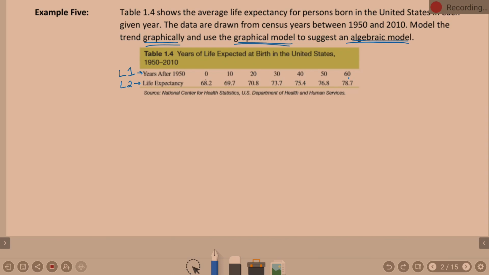Okay, here, guys, keep in mind these points. The years after 1950 are exact. Life expectancy is not going to travel at an exact rate, but is it following the general trend of a line? You guys remember working with scatter plots, where you'd have points scattered around, but they follow the general trend of a line.